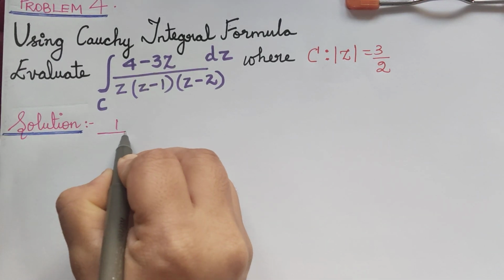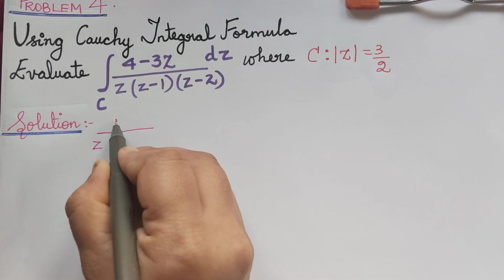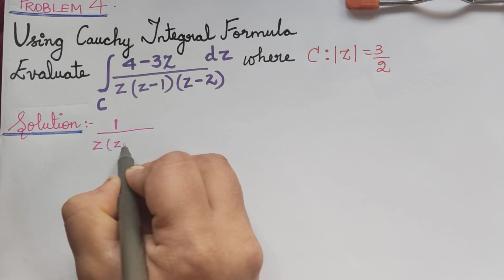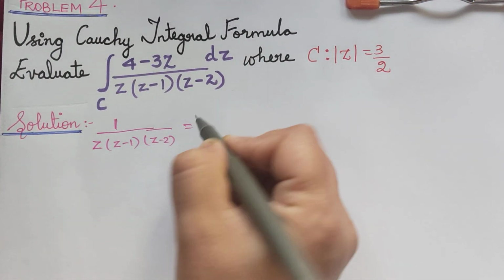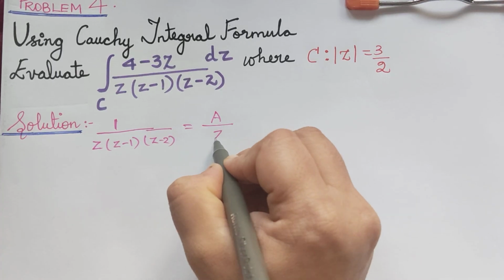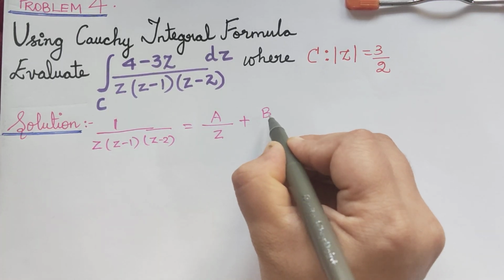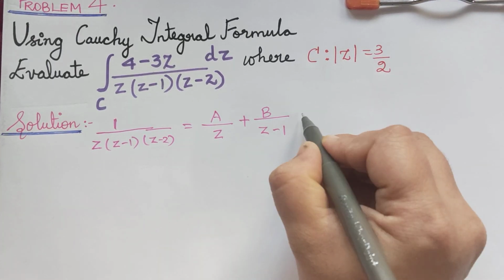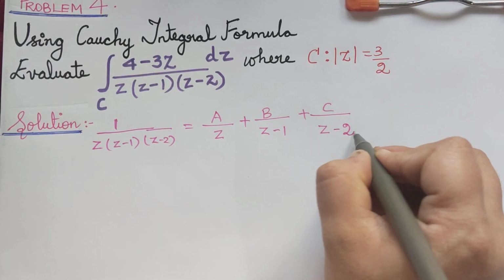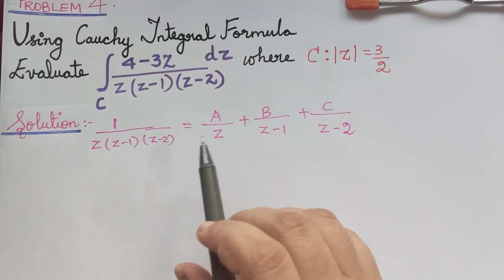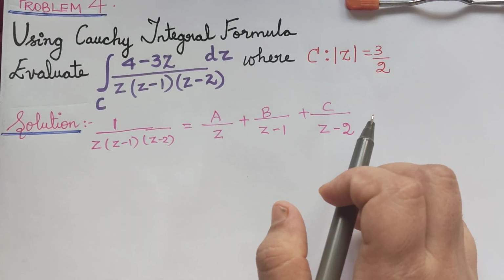That is, we will write 1 by z multiplied with (z minus 1)(z minus 2) as a by z plus b by z minus 1 plus c by z minus 2. Now we have applied partial fractions over here.